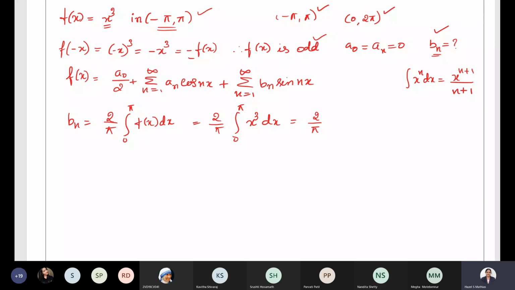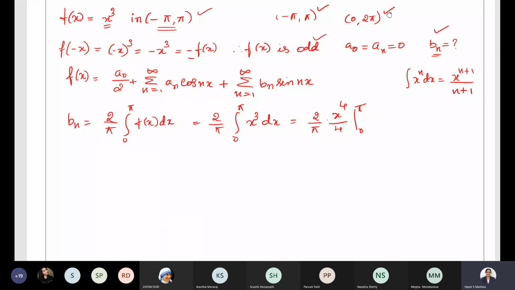Here in place of n we have 3. So n is 3, 3 plus 1 is 4, divided by 4, and the limits vary from 0 to pi.